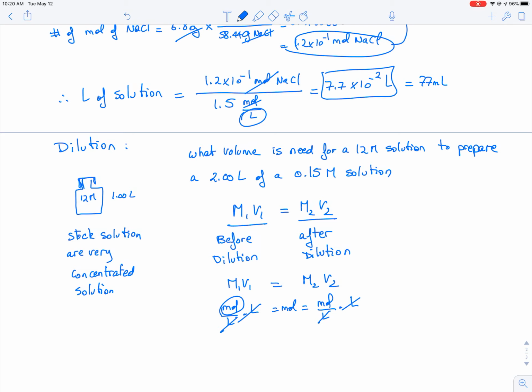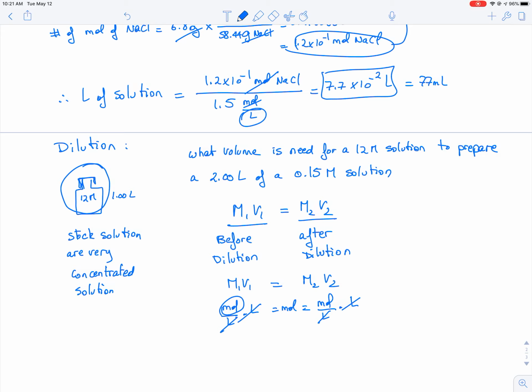What does this mean? It means the molarity times volume is always equal to number of moles, but it also tells me that the number of moles before the dilution is equal to the same number of moles after the dilution. Well, how come? Let's think about that. If I take a certain volume from here, this certain volume will have a certain number of moles of my solute.